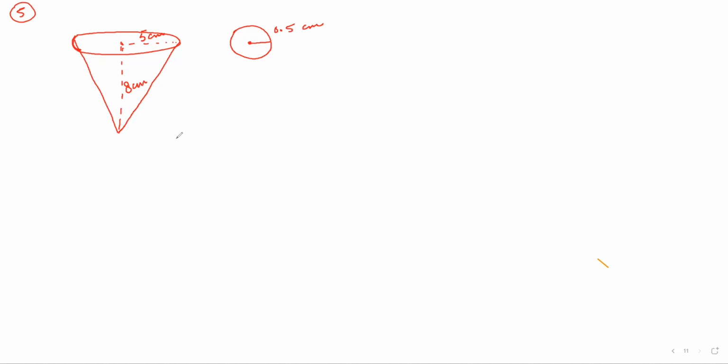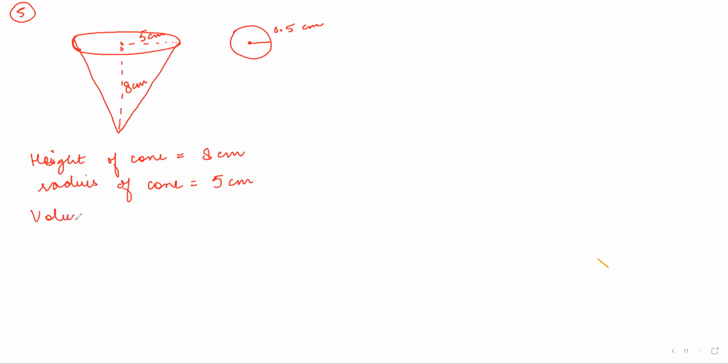So first of all, let us find the volume of both the figures here. So, about cone. What is the height of cone? So it's better to mention everything. Height of cone is 8 centimeter and radius of cone is 5 centimeter.